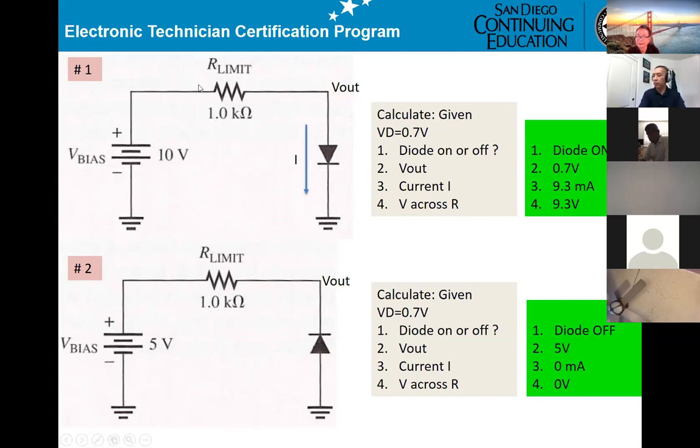You take 10 minus 0.7, divided by 1K. That's what you get, 9.3 milliamp. And the voltage across the resistor, that means from here to here, you get 9.3 volt. Any question about this?